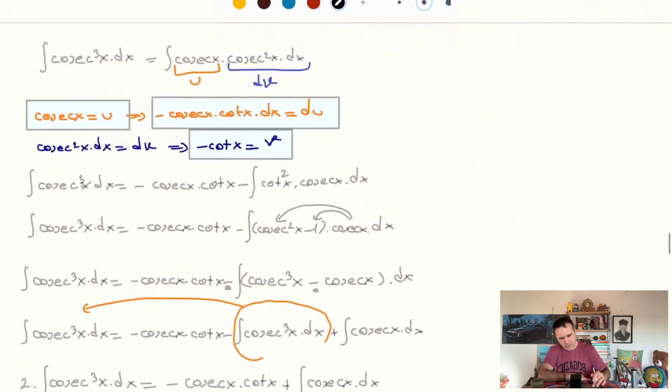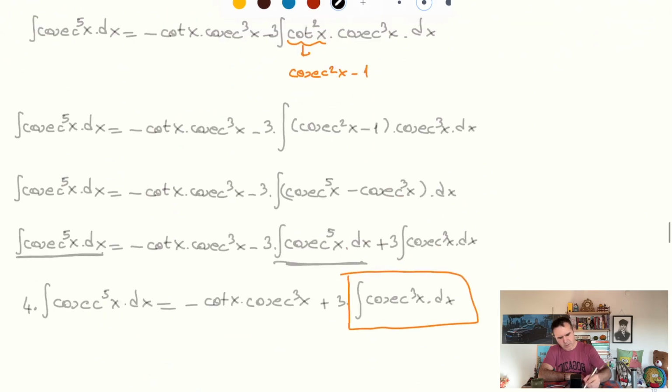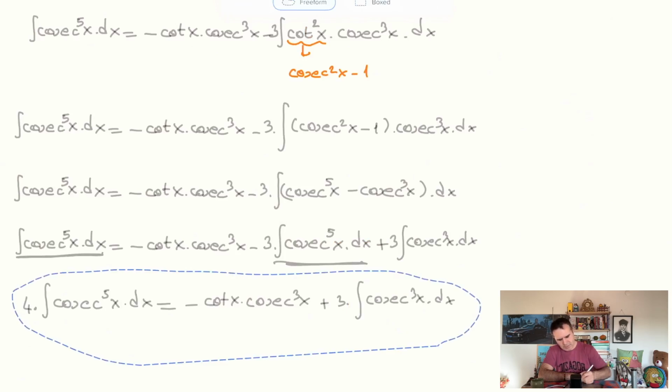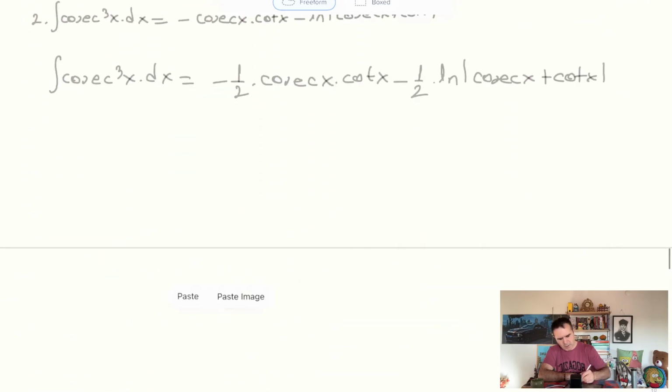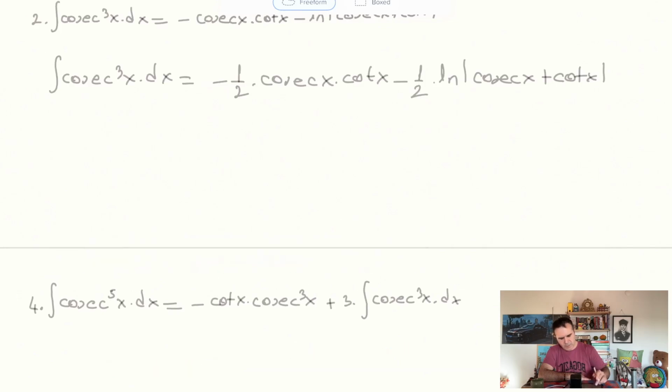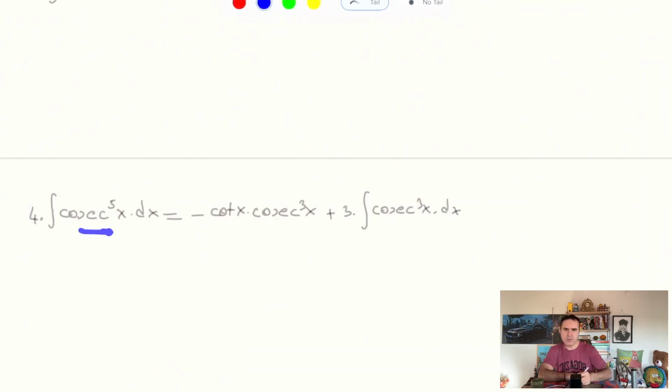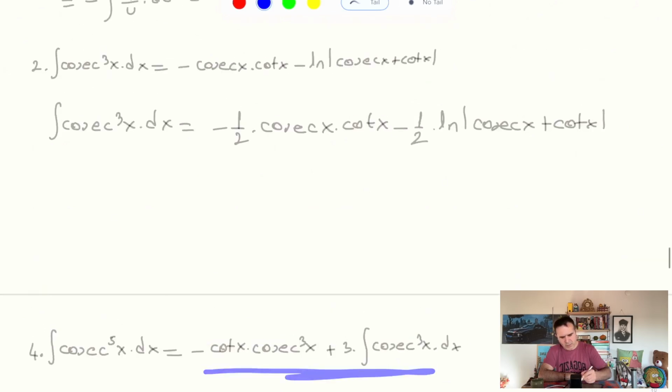Okay, let's take this down now. Our integral was this, 4 times cosecant to the power of 5x was this, and we found that cosecant cube x dx is this.